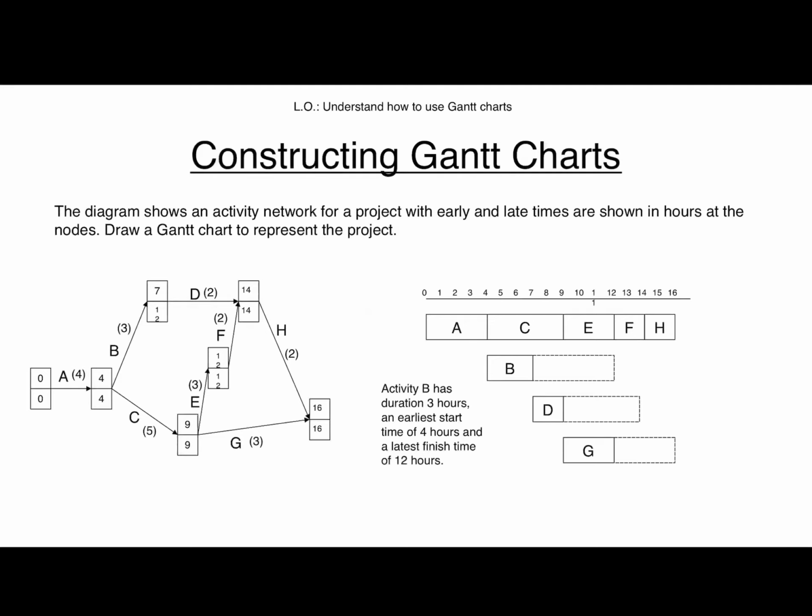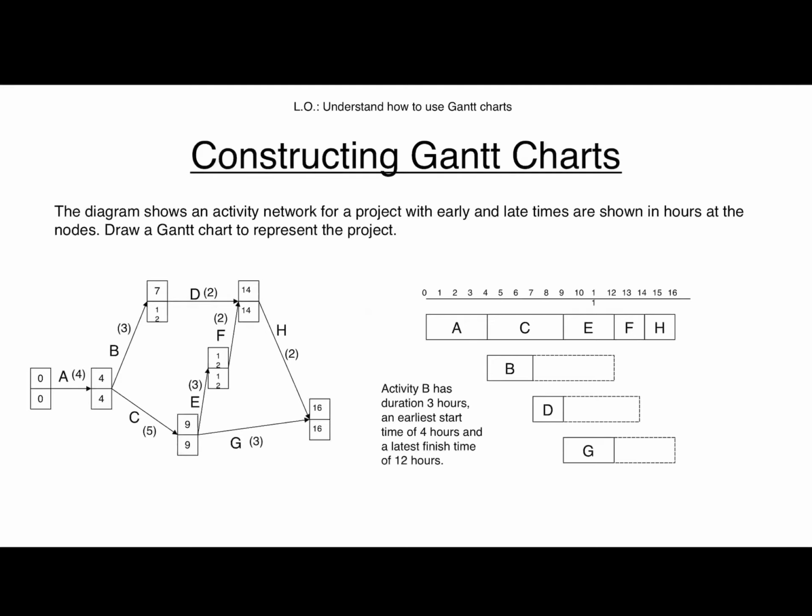Now, all the other non-critical activities, I represent each one in a different row, potentially. That's not necessarily going to be the case, but here it will be. So then B is the first non-critical activity that we find, so that goes on the second row.